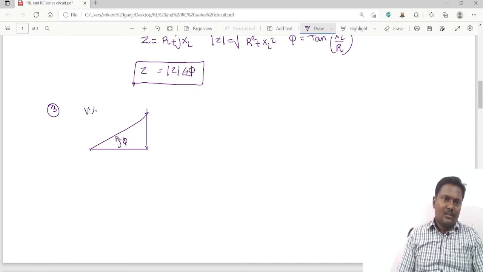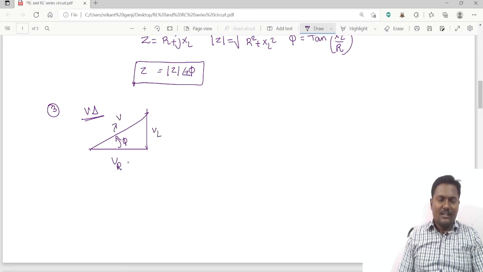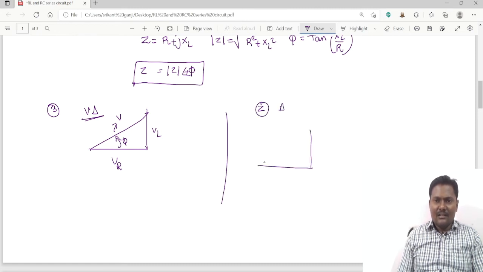From this voltage triangle, this is VR, this one is VL, and this is the hypotenuse V. And from the impedance triangle, the Z triangle, the base component is R, the opposite component is XL, and this one is Z.